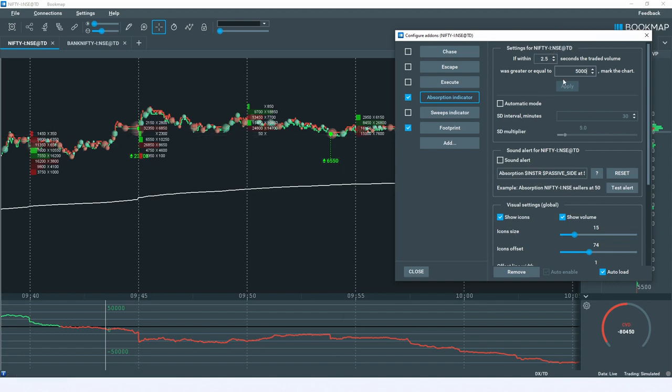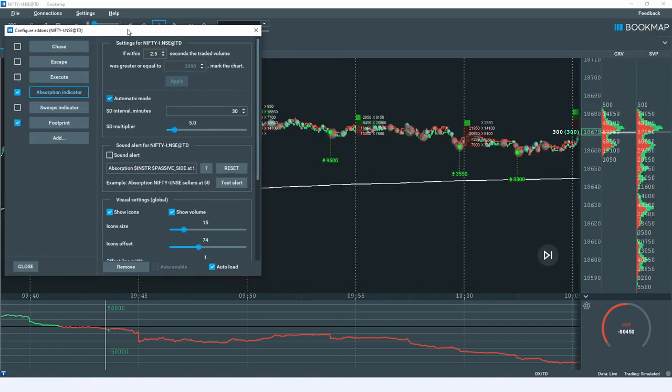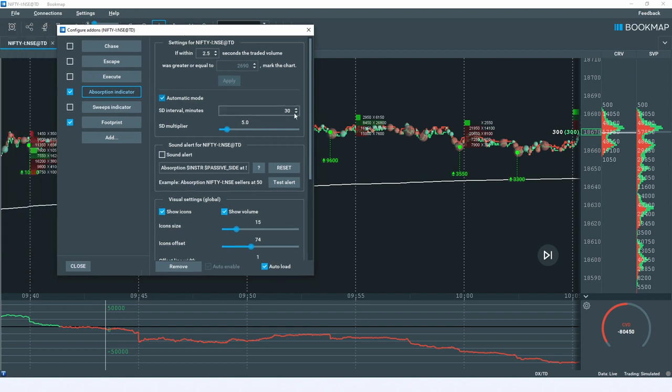So this is one of the ways. If you make it automatic, the software will automatically calculate based on today's scenario. So I'm going to keep it as automatic mode because I don't want to change this number manually. You can simply do it by 100 lots, or in automatic mode, it looks back at the last 30 minutes of transactions, considers the average volume of that 30-minute chart, and multiplies it by 5.